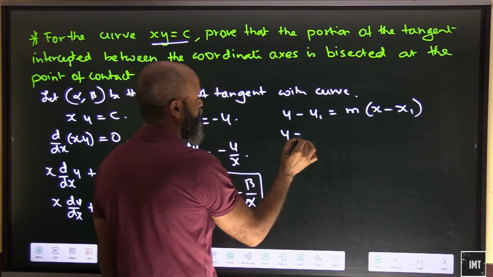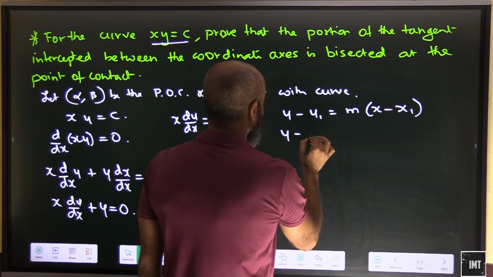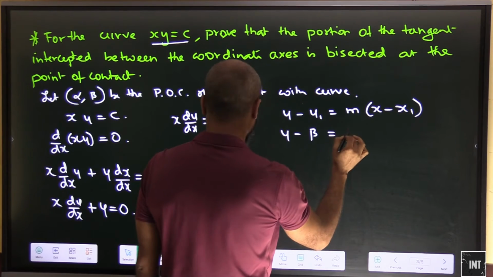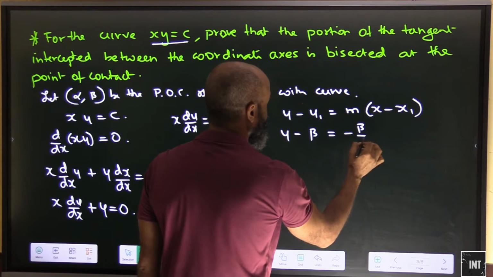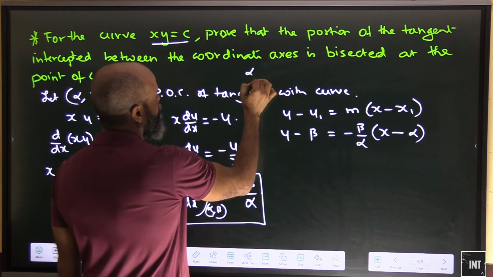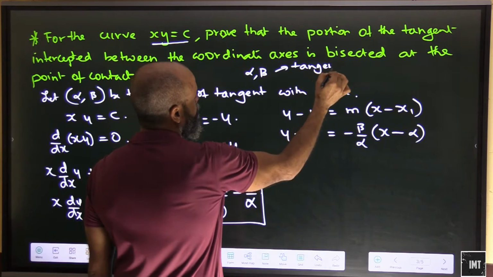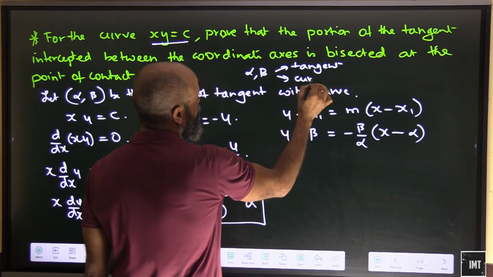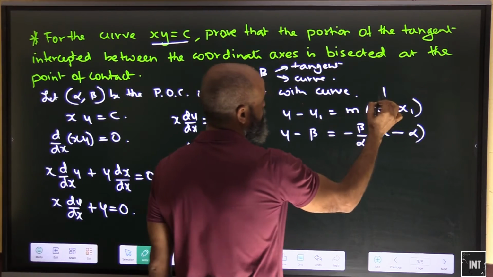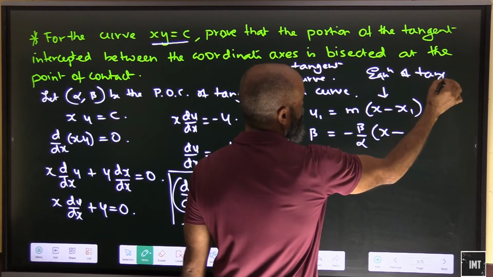So y minus beta is equal to minus beta by alpha into x minus alpha, because alpha beta is a point which lies on the tangent and it lies on the curve as well. So this basically is the equation of the tangent.